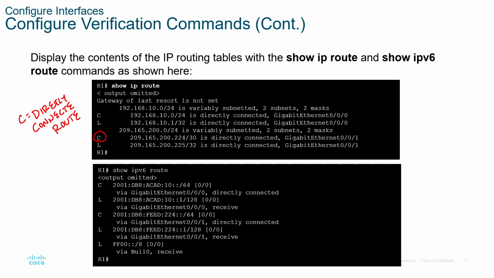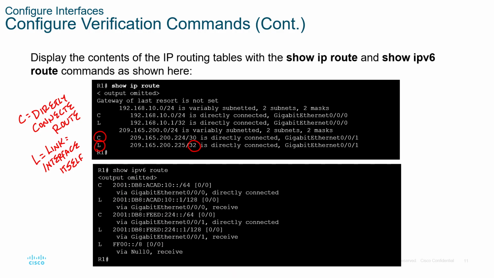And your L means your link, which means the interface itself. So that means your L's are always going to promote 32 bits of information, right?